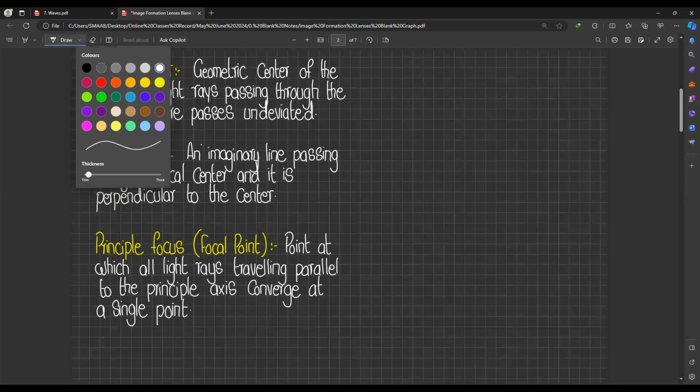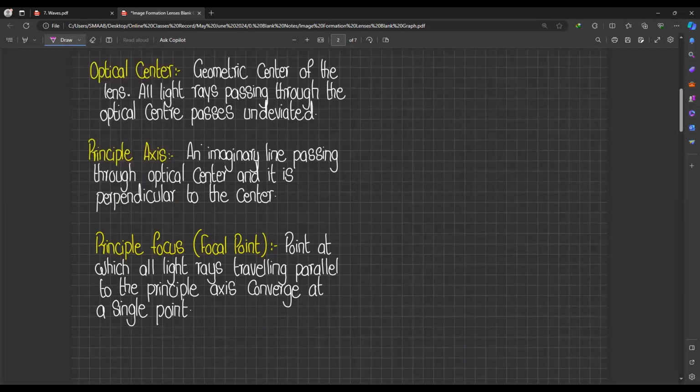That's why, for simplicity, we use a straight line for our lens.